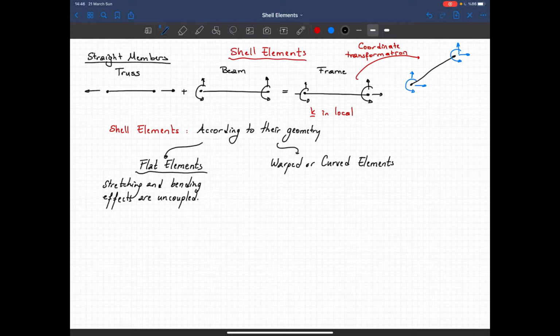So the way we define the flat elements is as follows. All the points within the element lie on the same plane.